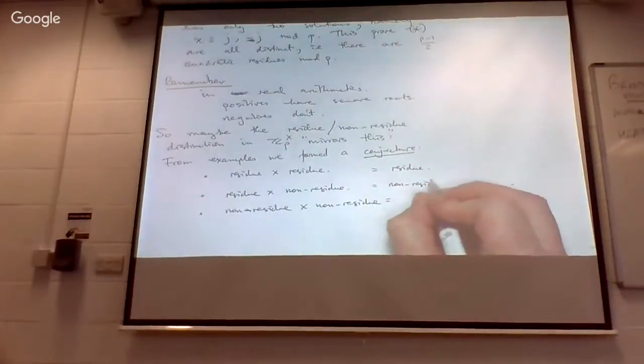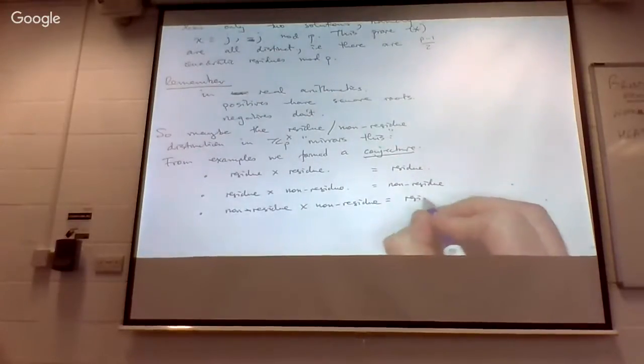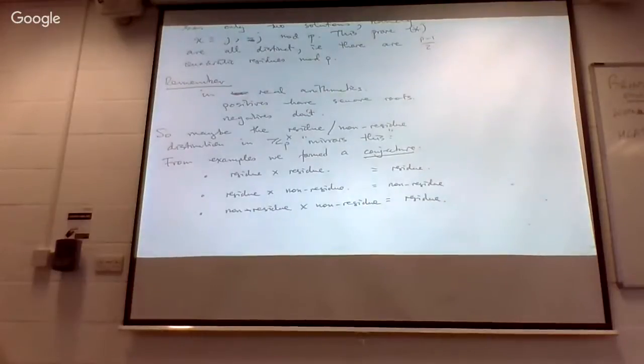And what we saw in the examples and what we think might be true in general is that we're going to get a non-residue when we multiply a residue and a non-residue. And then finally, when you multiply two non-residues, it's going to work the same as positive and negative numbers. You know that when you multiply two negative numbers, you get a positive. So we're going to expect to see a residue when we multiply two non-residues.